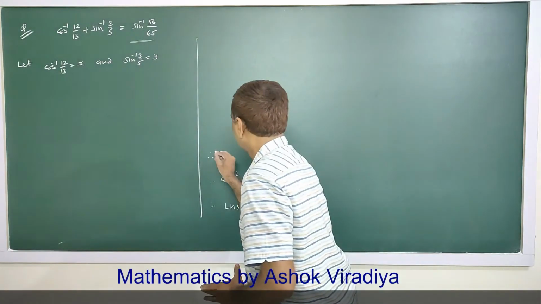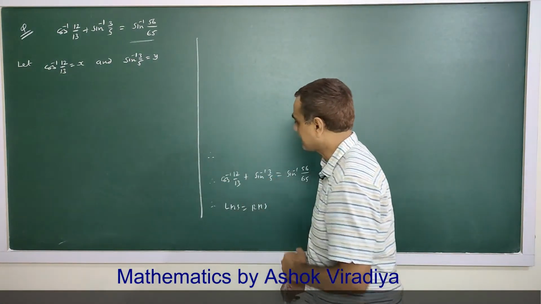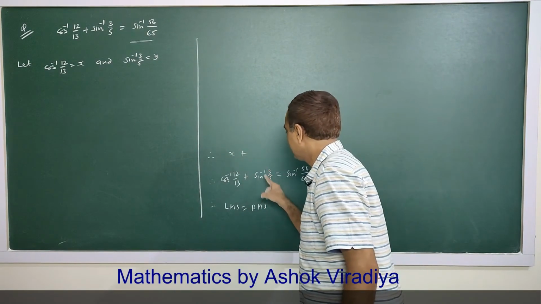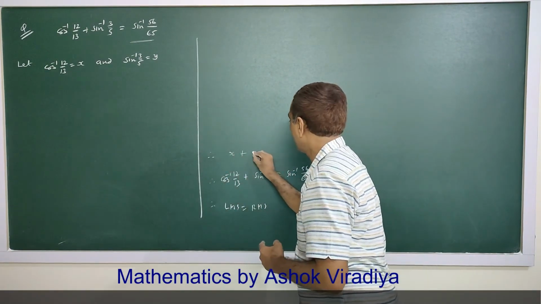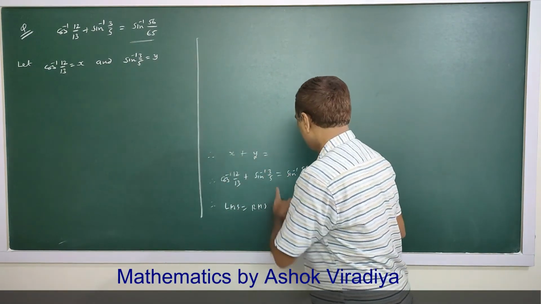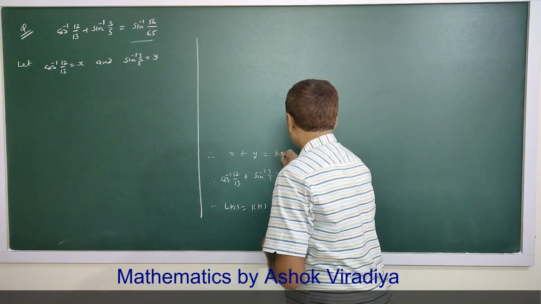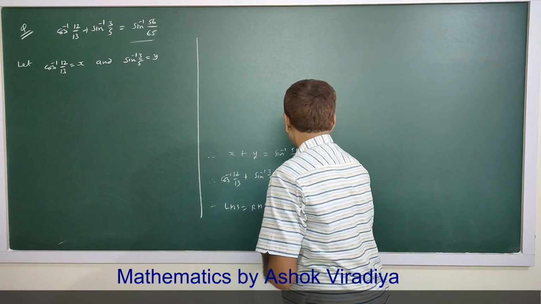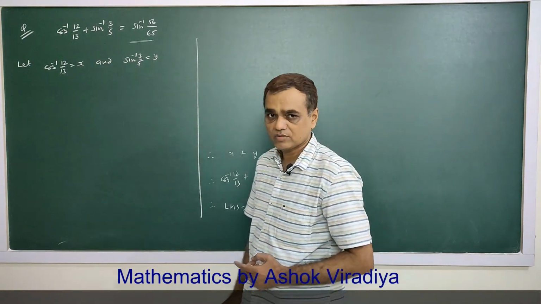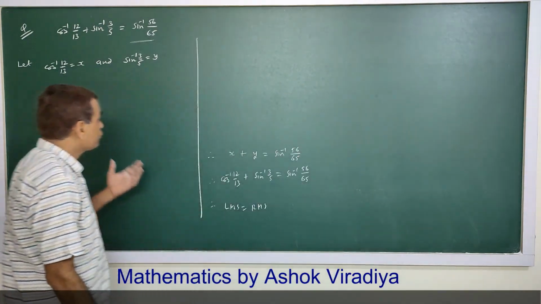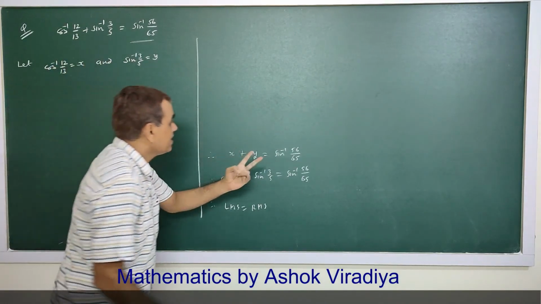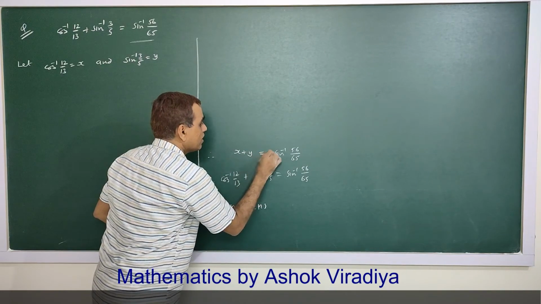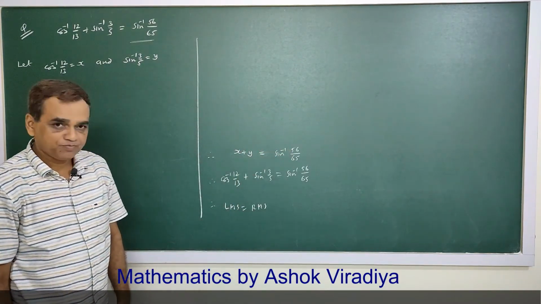That is, we have to show that, for the first number we have taken x, for the second number we have taken y, equal to sine inverse 56 by 65. So to prove this statement, we have to show that x plus y equals sine inverse 56 by 65.